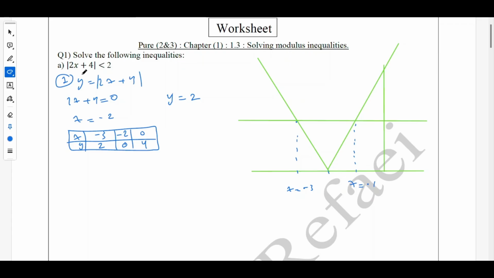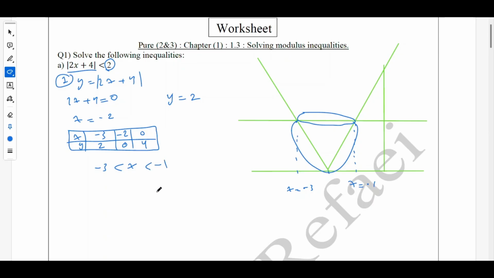I'm talking about when the line is above, or greater than, the modulus. Where is the line above the modulus? This is the line, and this is the modulus. So the line is greater than the modulus when x is more than negative 3 and less than negative 1.